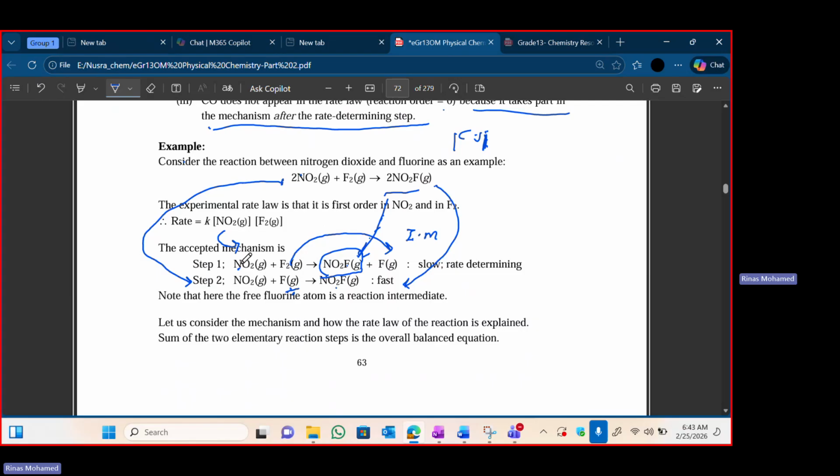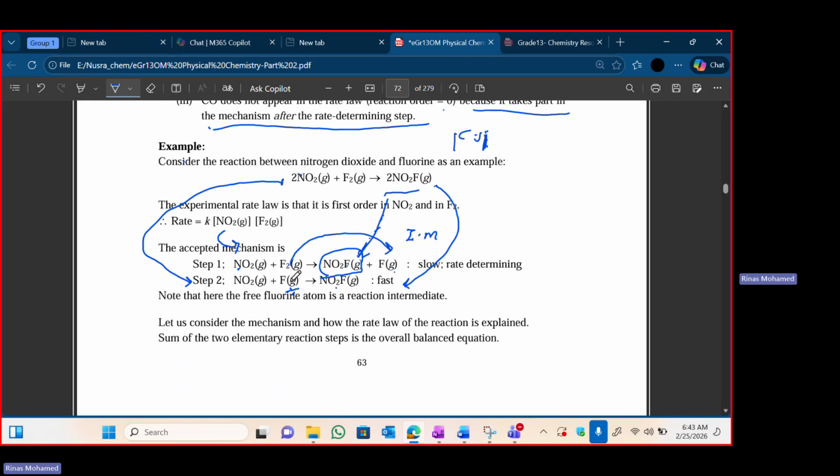One NO2 gas plus F2 gas will react to give NO2F. Only one NO2F we can write with one NO2 and one F2. Two NO2Fs we can't write now. Then one NO2F I am writing means one F gas is remaining. That is the intermediate. That will come into the exchange for the second step.